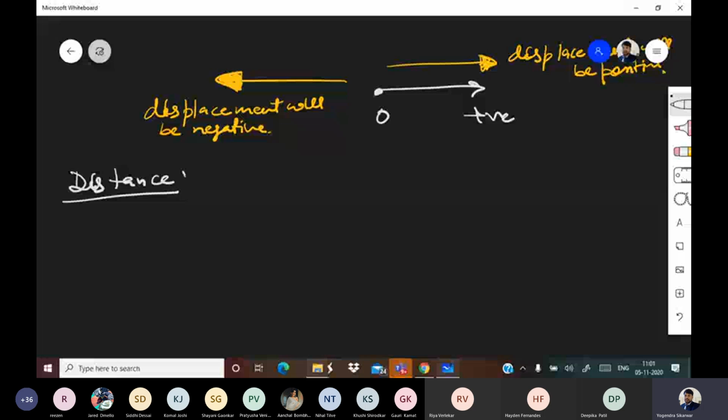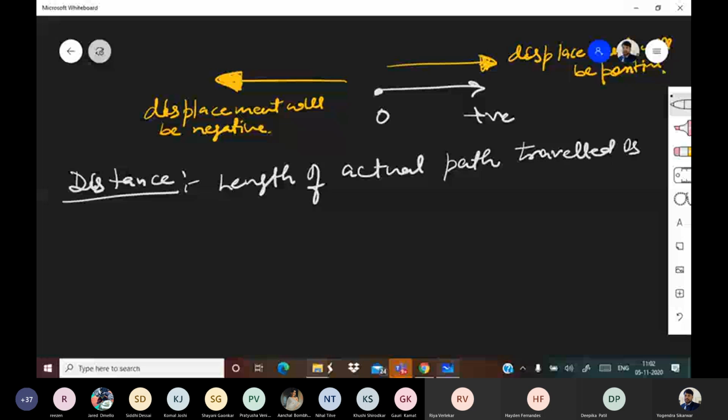Length of actual path traveled is called distance. Okay. Length of actual path traveled is called distance.